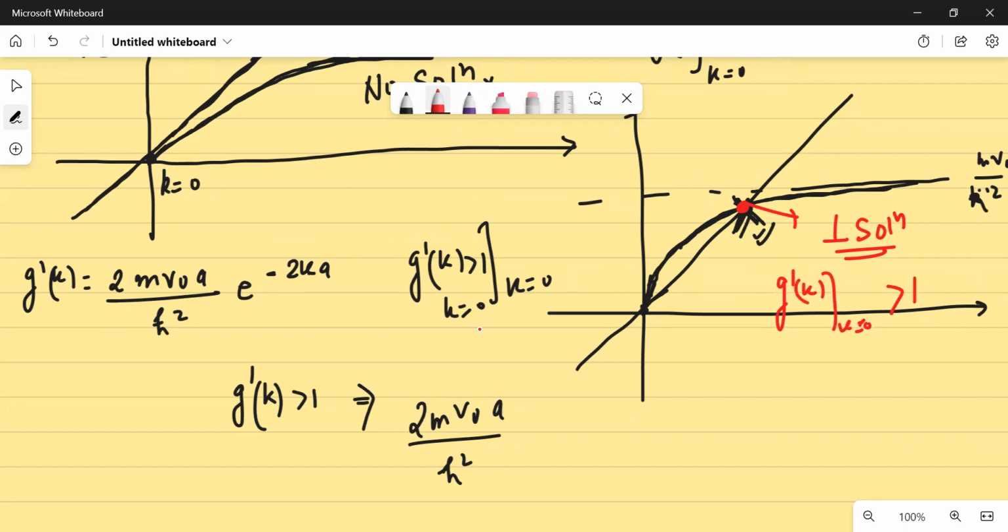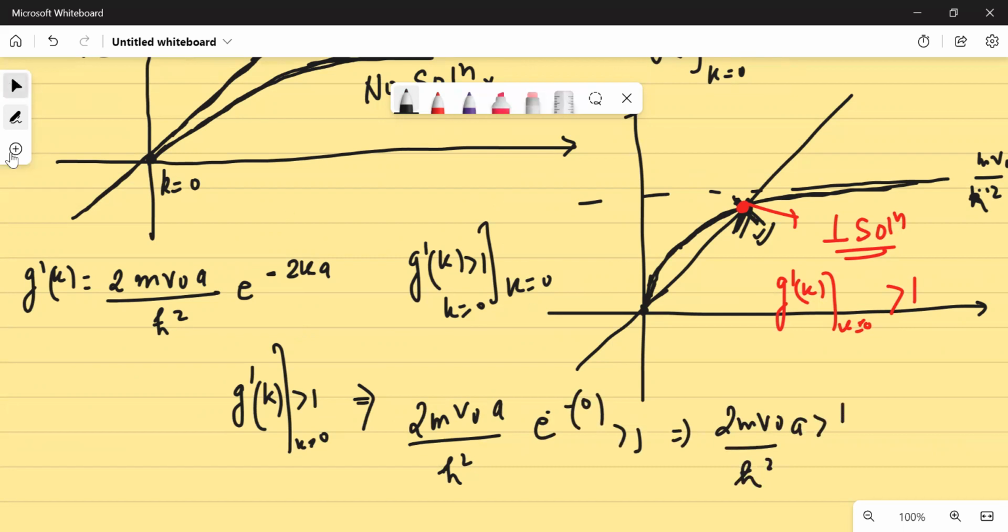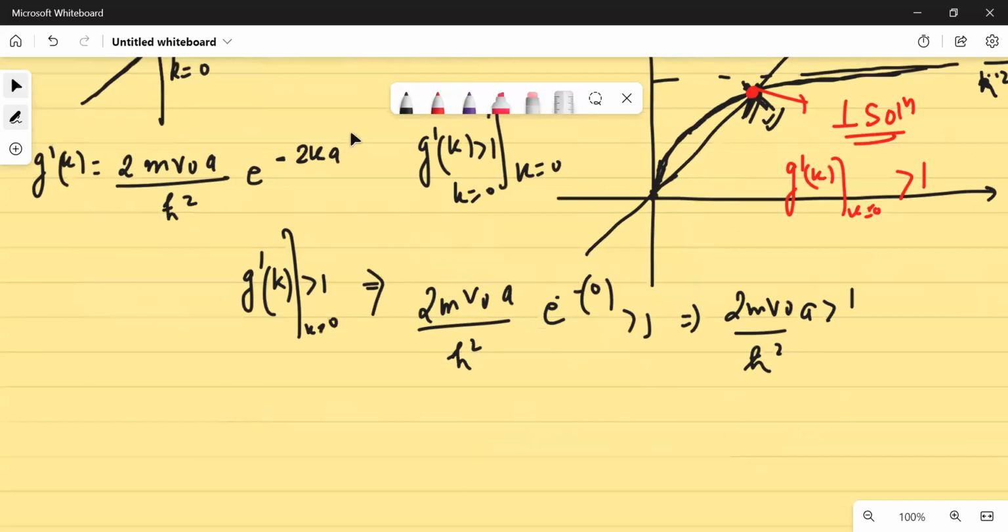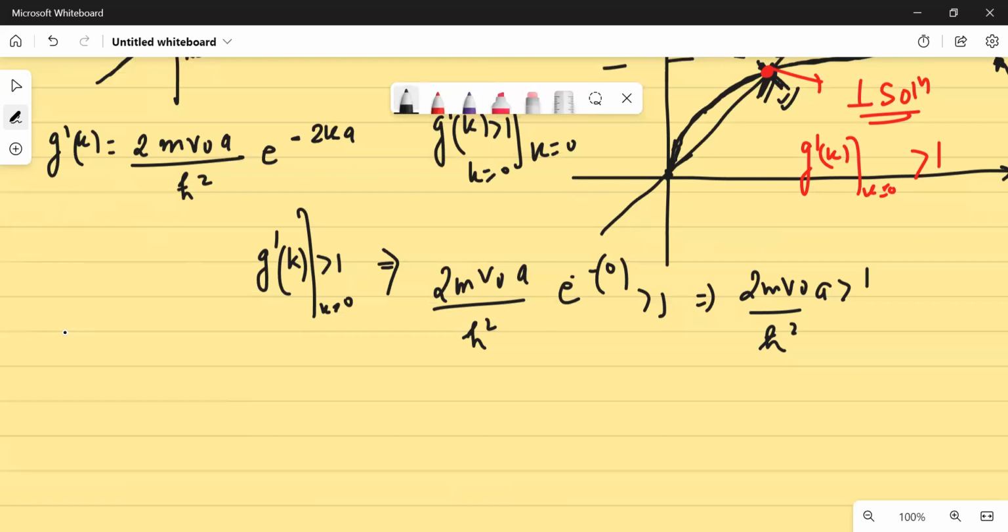So if g dash k at k equal to 0 is greater than 1, then it implies 2mv naught a upon h cut square and e to the power minus 0 should be greater than 1. It implies 2mv naught a upon h cut square must be greater than 1. What does that imply? It implies that there is a bound state, and a single bound state, if your A must be greater than, I think, h cut square upon twice mv naught.